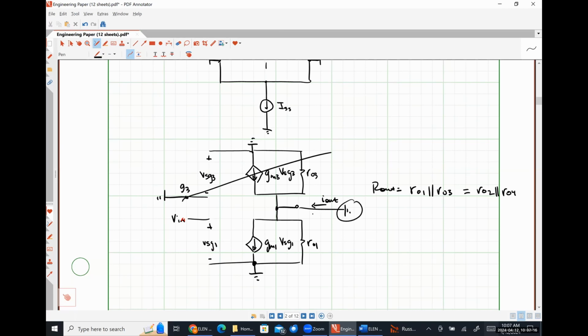The resistance R naught one is also between ground and ground. So I out by inspection is equal to GM1 times VSG1, where VSG1 is nothing more than Vn. So what's our short circuit transconductance? Just GM1.